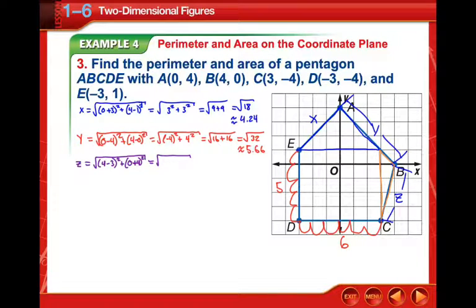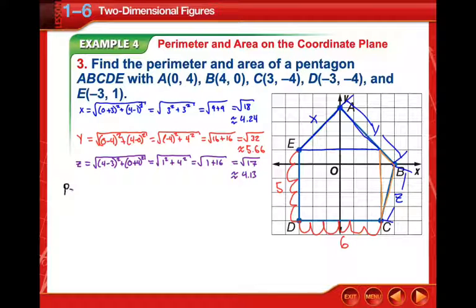So that's going to be 4 minus 3 is 1 squared, plus 0 plus 4 is 4 squared. So that's going to be the square root of 1 plus 16, or the square root of 15, which again we round. Oh, where am I going? I subtracted, not 15, 17. Sorry. That is about 4.13. So now for our perimeter, we just need to add all these pieces up.